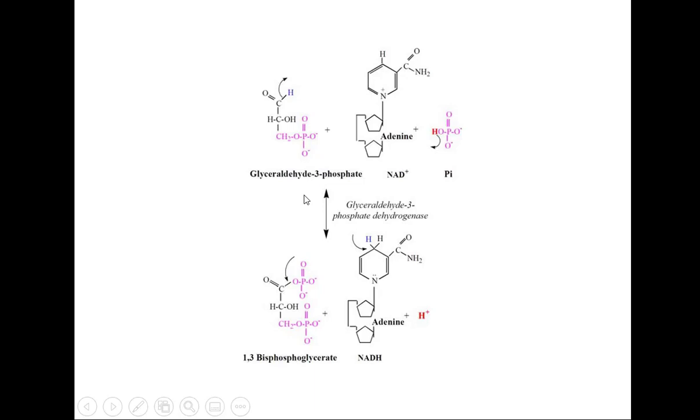And this glyceraldehyde 3-phosphate gets another phosphate group from the inorganic phosphate from ATP hydrolysis. So there are 2 phosphates, at carbon 1 and carbon 3. So 1,3 bis, because 2 phosphates, phosphoglycerate. The product is 1,3 bisphosphoglycerate and NADH plus proton.